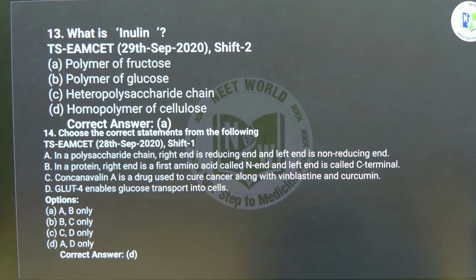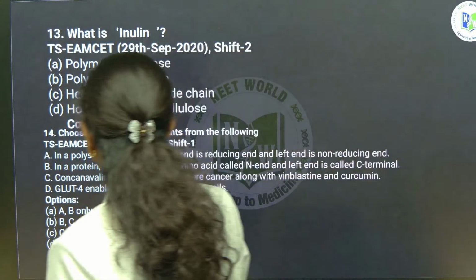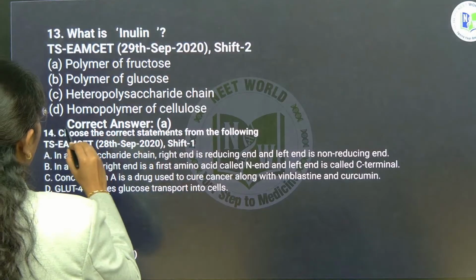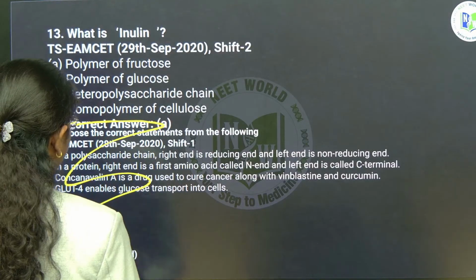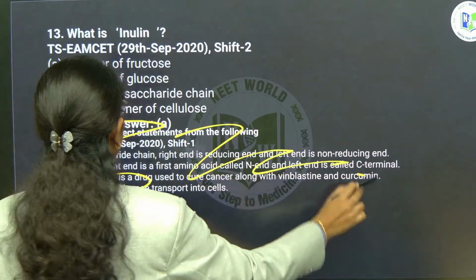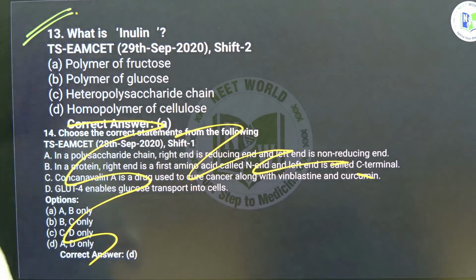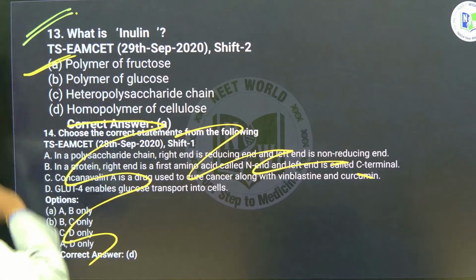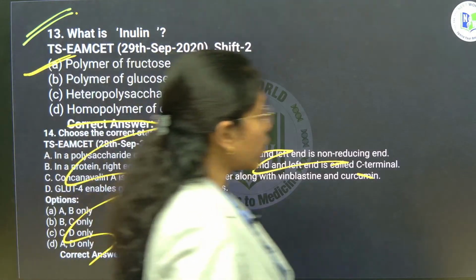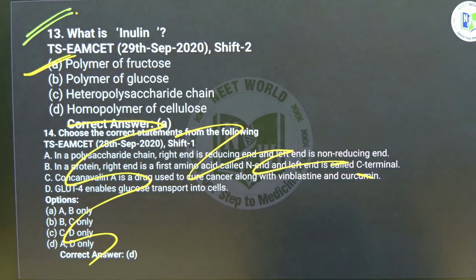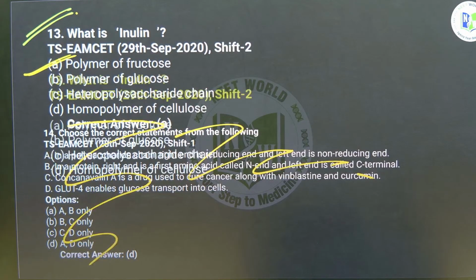Next, what is inulin? What is inulin? Look at this question. Inulin is a polymer of fructose, right? Which is a direct liner from your text. Don't get confused between inulin and insulin. Insulin will be a hormone. Inulin is a polymer of fructose.